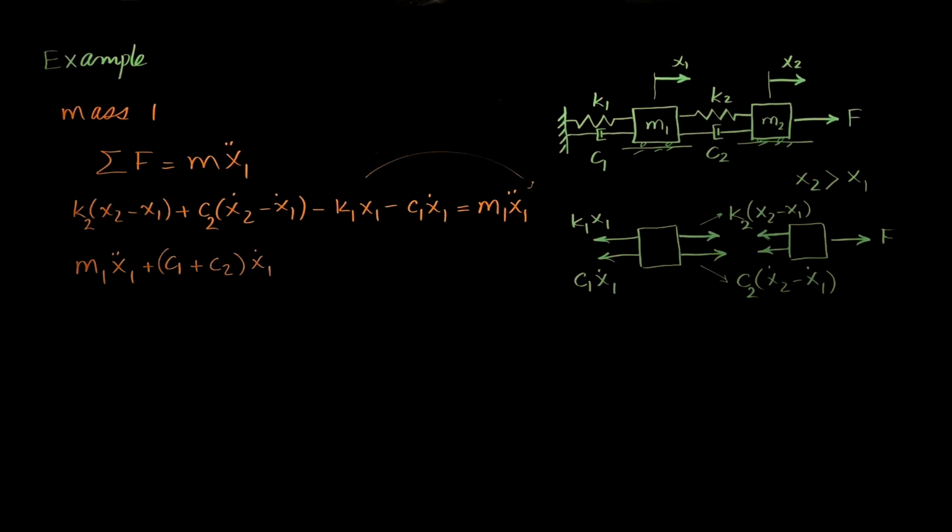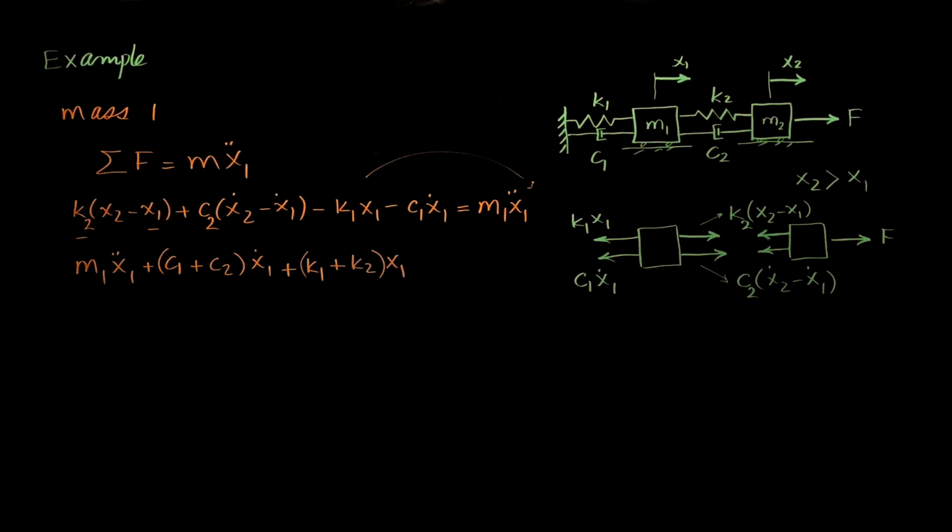Then K1 x1, and there's also another K2 multiplying x1, so that becomes K1 plus K2 times x1. And that's it for x1.